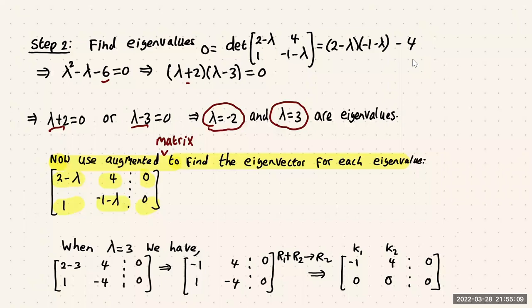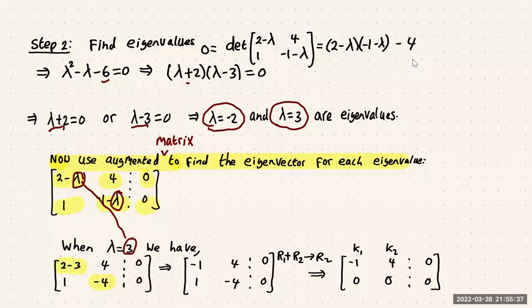So I'm going to put a 3 in place of lambda here and here. And that's how I got the guy below over here. Okay, so putting 3 there, you'll have 2 minus 3 and minus 1 minus 3. Okay, then it reduces to this.